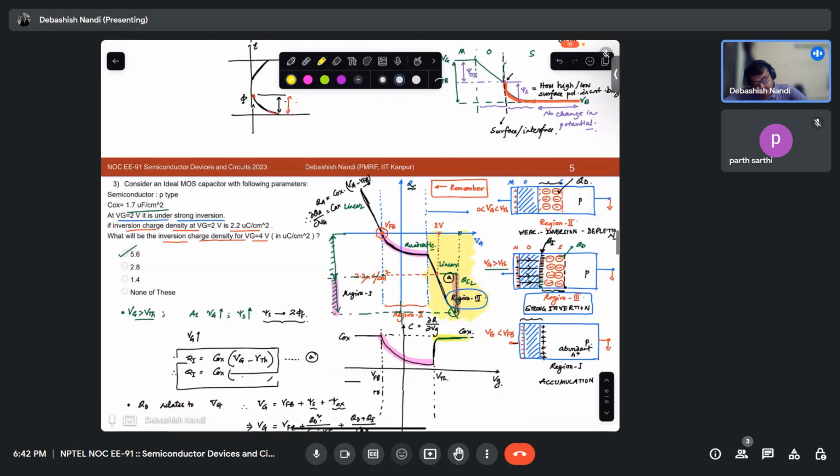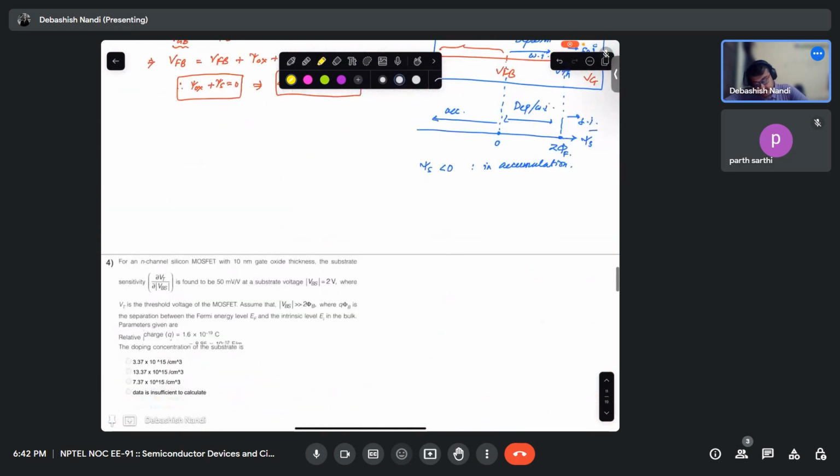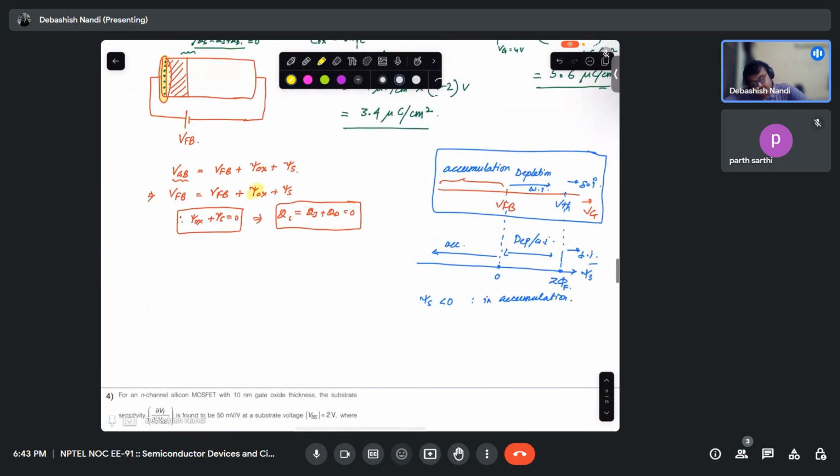Similarly, if you see me writing the equations, this psi ox we have seen, right? It can be written as gamma root over psi s. So your psi s is the most important potential in the MOS structure.